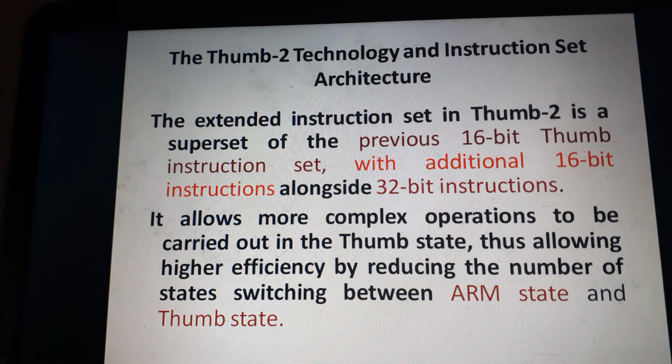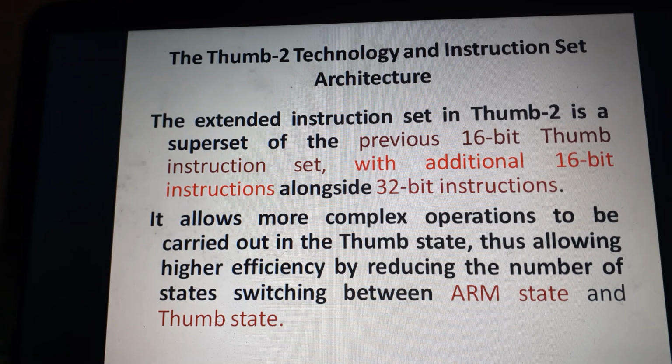This takes some amount of time. So this is now avoided. There is no point of changing the state from ARM to Thumb and Thumb to ARM. All the instructions are Thumb instructions only, and we handle all the jobs in the Thumb state only.